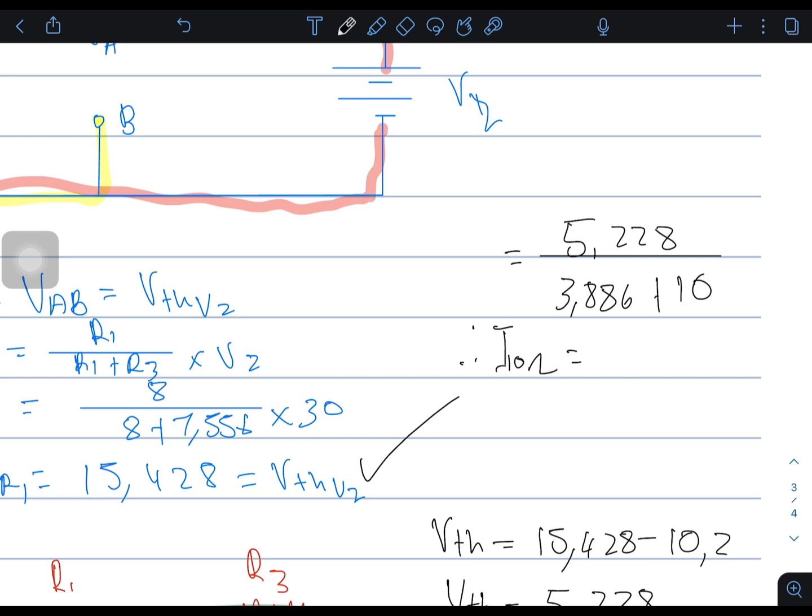That is going to give us 0.376 amps, or in milliamps it will be 376,494 milliamps. Okay, guys, that's it for this series here.